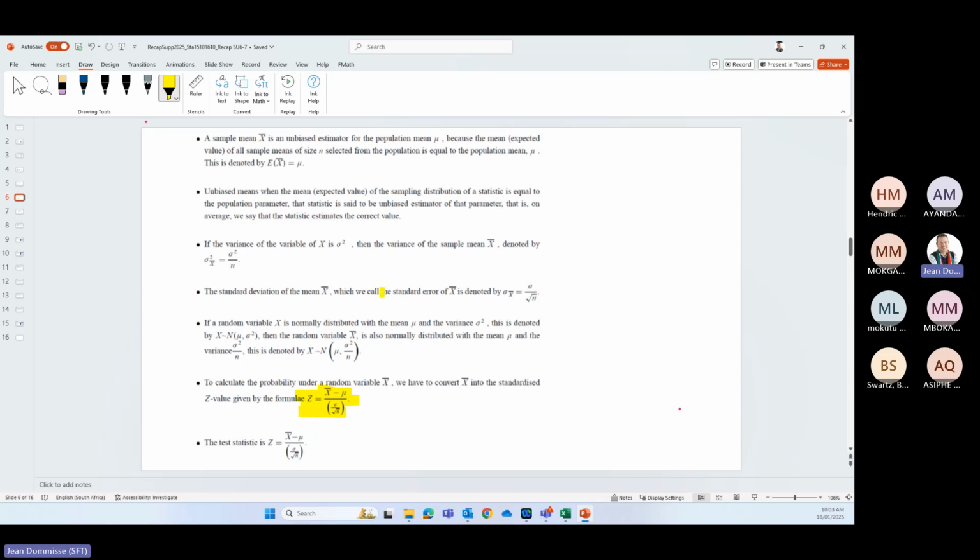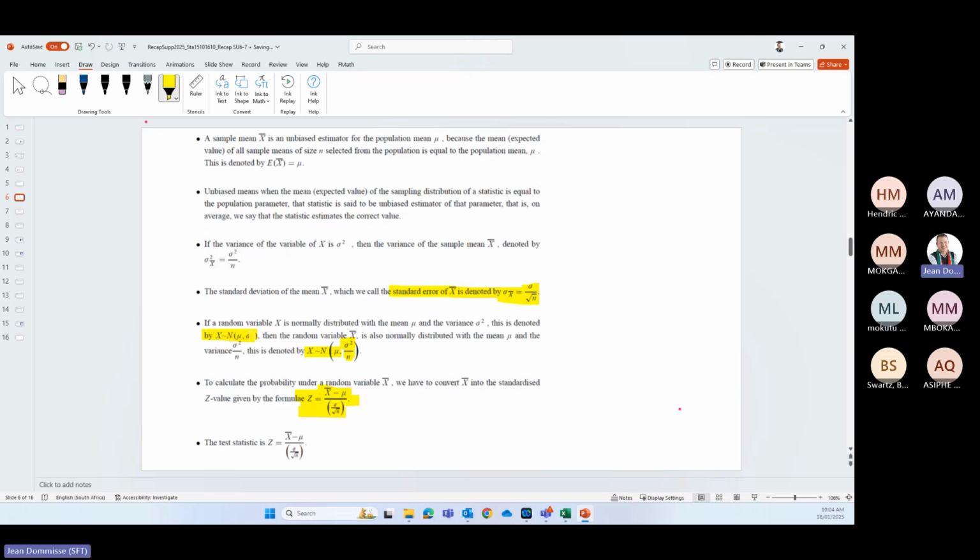The other thing that you might be asked is to look at the standard error when you need to work that out. The other thing that might pop up is this notation where x is normally distributed with a mean and the variance.